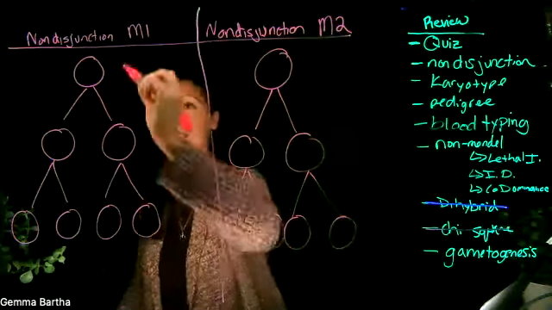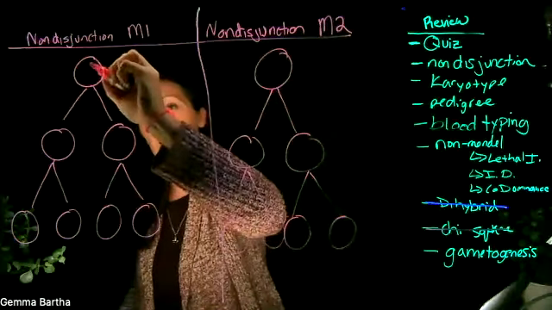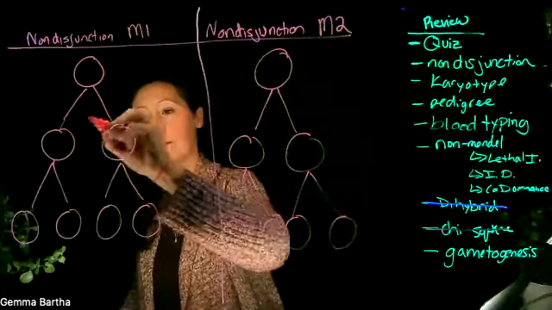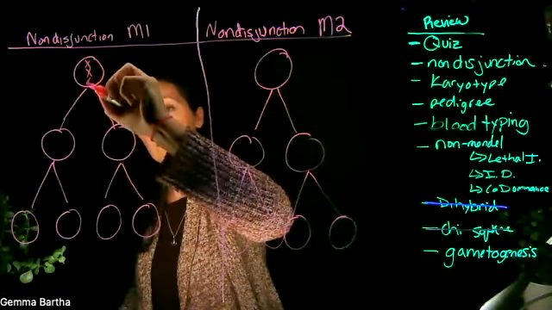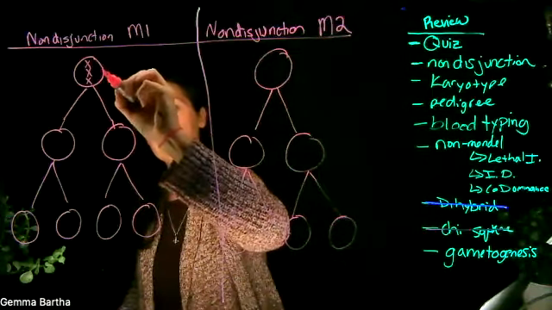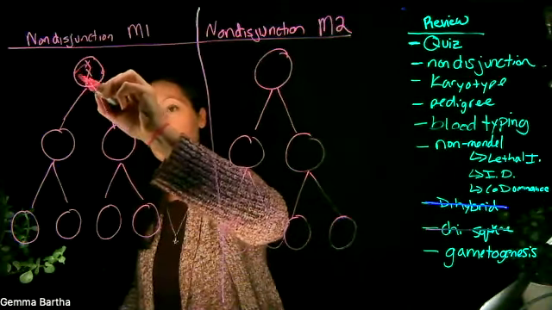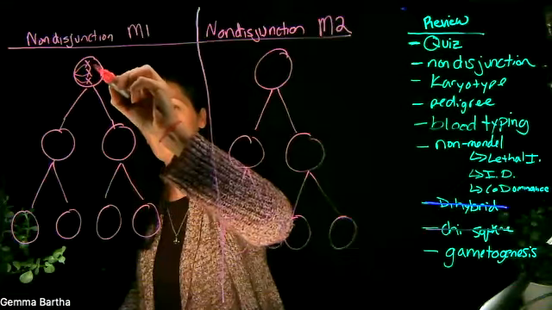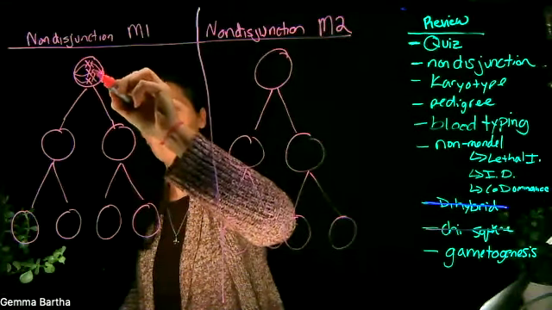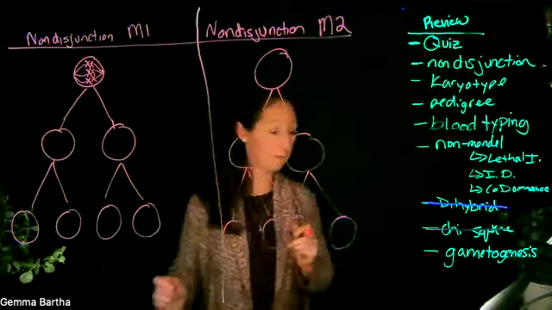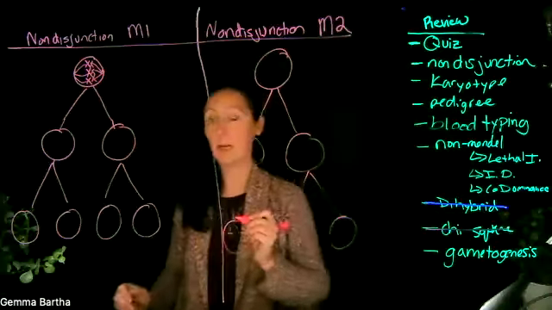All right, so let's say we have non-disjunction in meiosis 1. And let's say that they line up here. Everybody see that? I know that's super tiny.